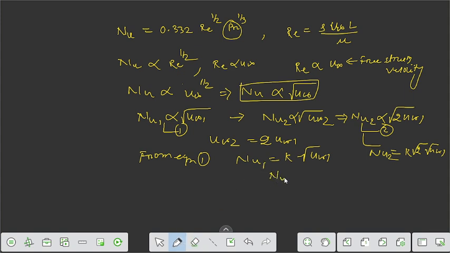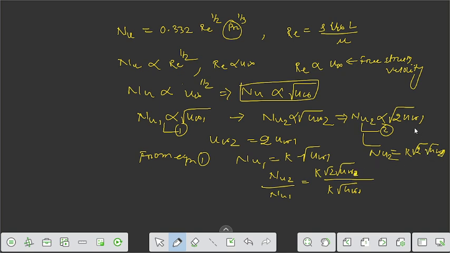So the question asks Nusselt number 2 divided by Nusselt number 1. Nusselt number 2 is k into root of 2 times u infinity 1, divided by k into root of u infinity 1.